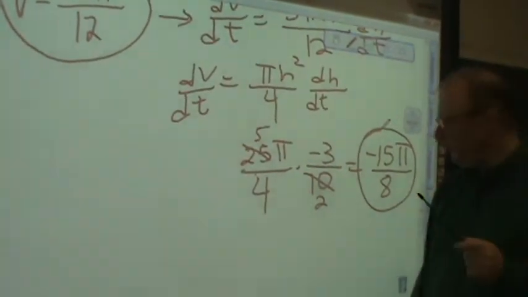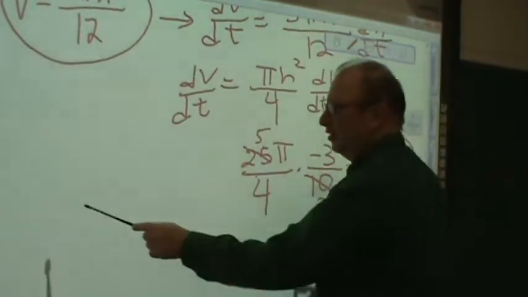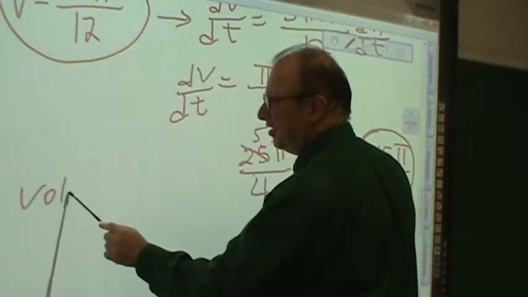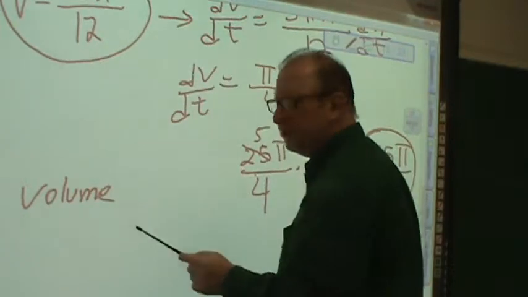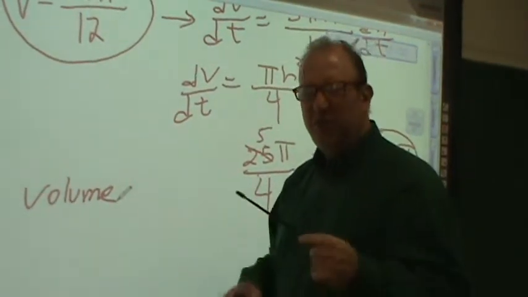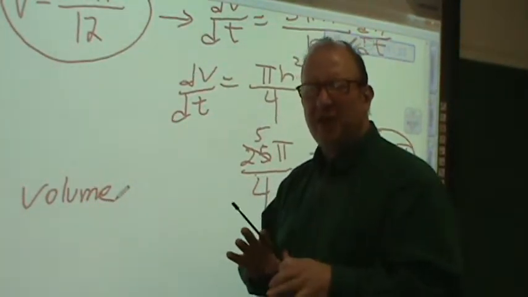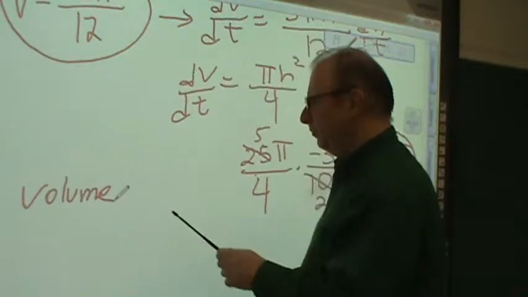Let's look at what this means one more time. This means the volume is decreasing. Again, as I said, I tell my students straight out, write a sentence. I don't care how much you think it means, write a sentence in my class, because it makes you understand what you're doing.